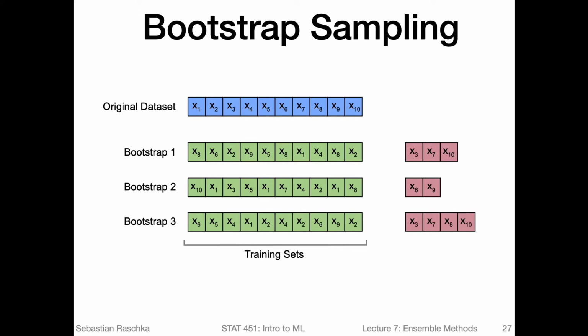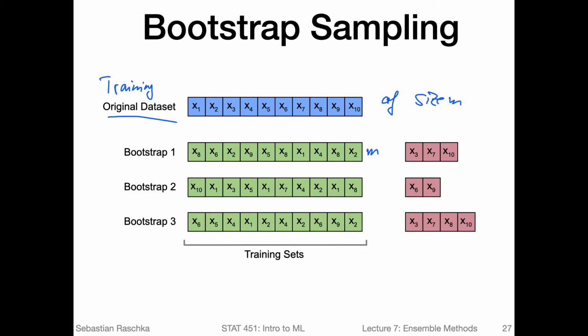Consider a data set, let's say that's the training data set of size m. Then each bootstrap sample will also have size m, given the algorithm on the previous slide. Bootstrap sampling is drawing data points from the data set with replacement.